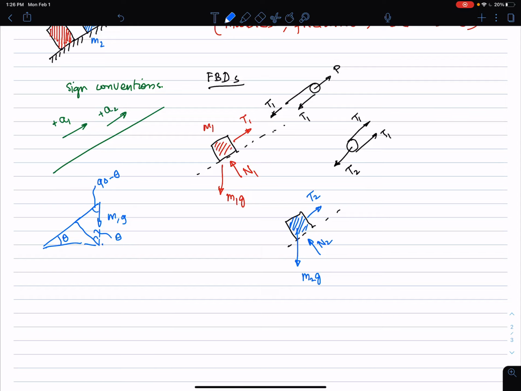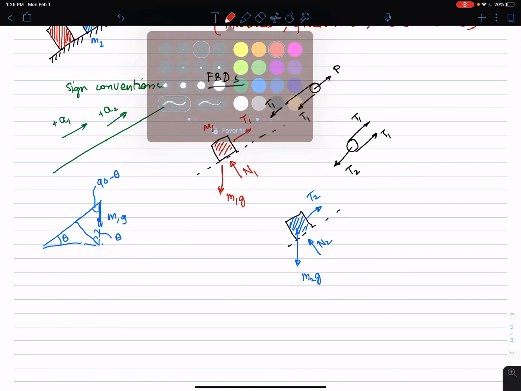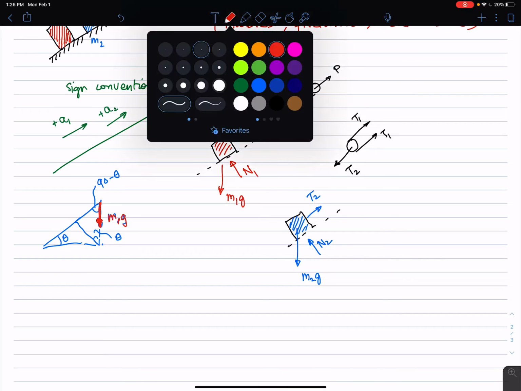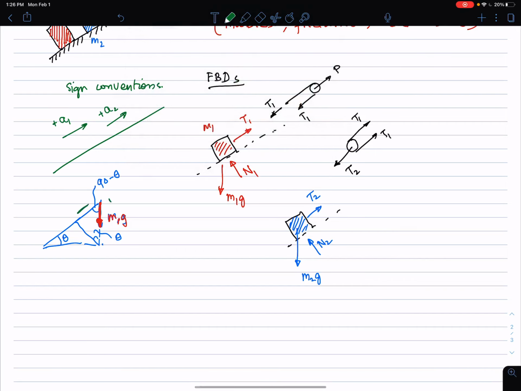So we decompose this vector, m1g, into two components, one along this direction and one along this direction. So this angle is 90 minus theta, this angle is theta, okay?